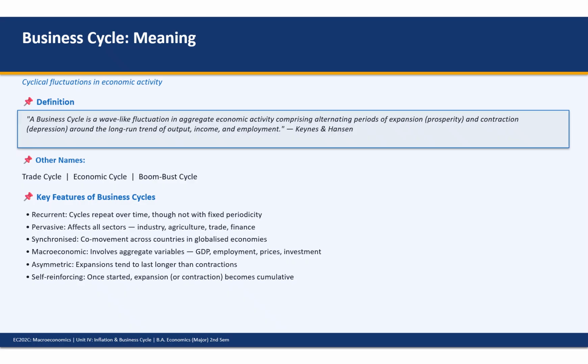A business cycle is a wave-like fluctuation in the aggregate economic activity that moves through periods of expansion and contraction around the long-term trend of output, income, and employment. In simple language, the economy does not remain stable all the time.